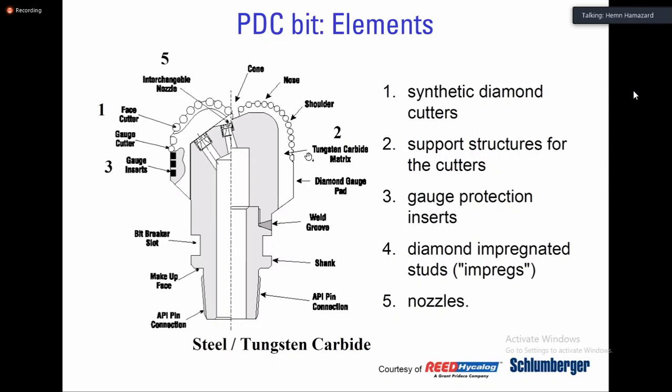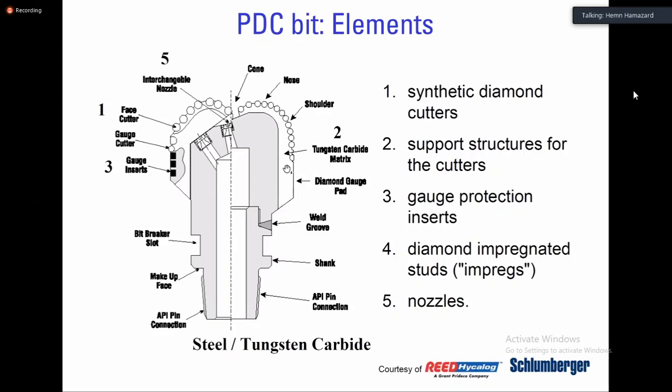Why is it important to know all these parts? Because when we use any PDC drill bit, we need to know these parts so we can analyze where the biggest wear or damage on the bit is, so you can improve your bit design for future wells and focus on any weak point on the bit.